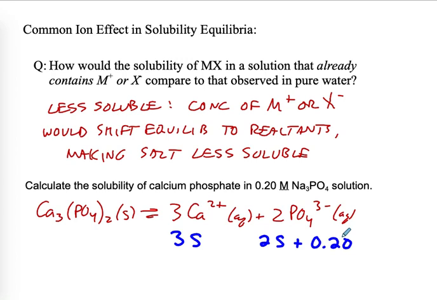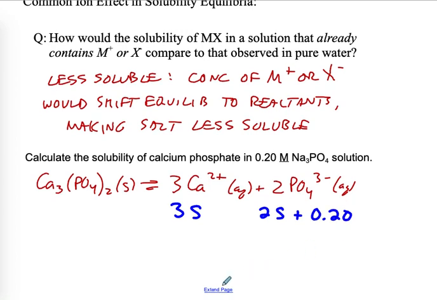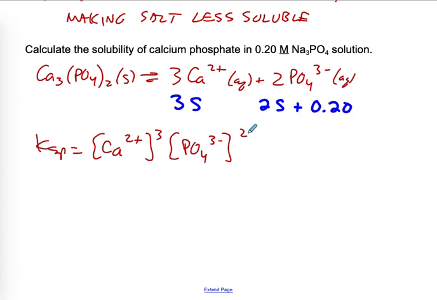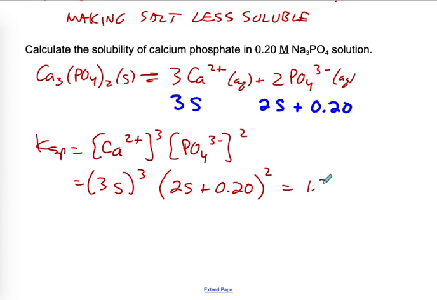So I'm going to write the Ksp expression and plug these in, because again, remember we're calculating the solubility S, and we have Ksp equals the concentration of calcium 2+ to the 3rd power times the concentration of phosphate to the 2nd power. This is (3S) cubed. The concentration of phosphate is (2S plus 0.20) molar squared, which is 1.3 times 10 to the negative 22nd.